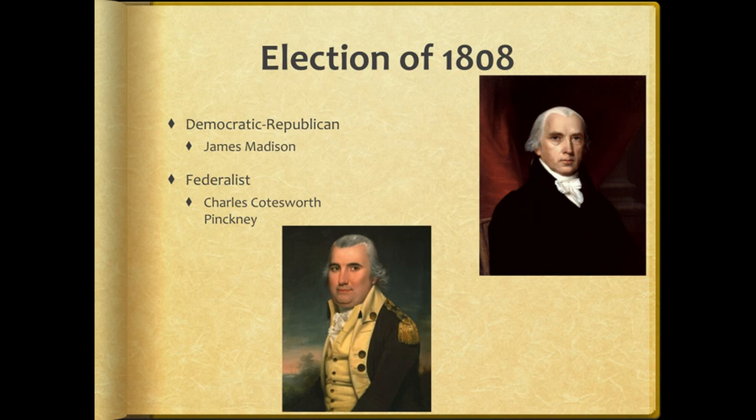The War of 1812 is going to be caused by Britain, who decides that they're going to start interfering with neutral shipping. The United States was trying to get shipping routes out, and remember, the U.S. had wanted to remain neutral. So Britain comes in and tries to take over and not allow us to ship.